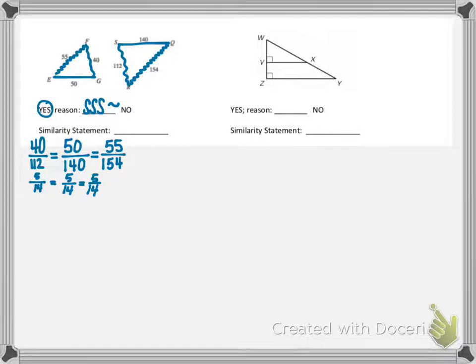Okay, so let's start with triangle EFG. It's similar to triangle... All right, so E is between the straight and the super squiggly, and so is Q. So E matches up with Q. F is between kind of squiggly and super squiggly, so that matches up with R. And then there's G, so G has to match up with F.